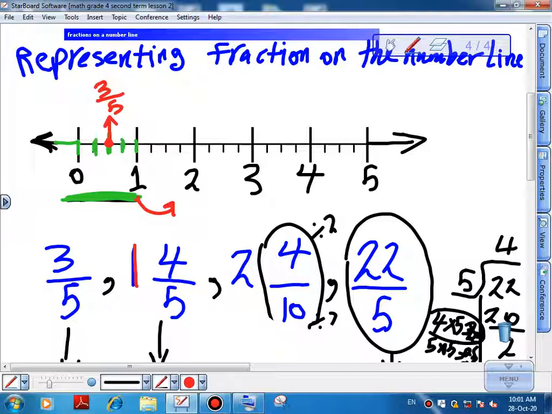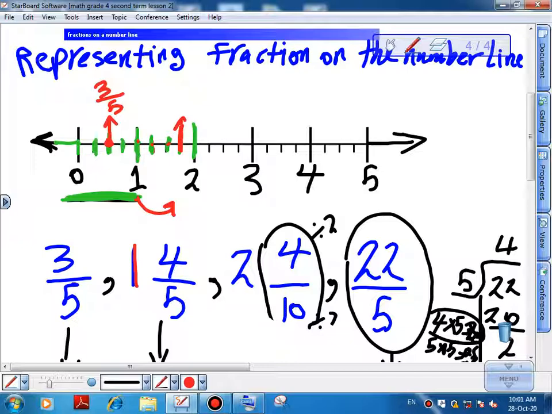We have the scale divided into 5 equal parts like this. 1, 2, 3, 4, 5. We have 4 over 5: 1, 2, 3, 4.